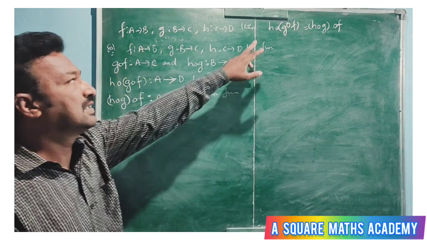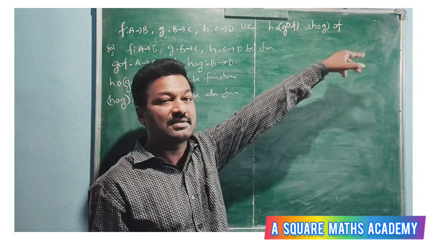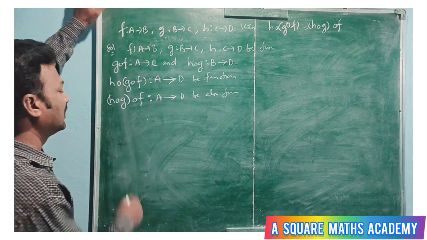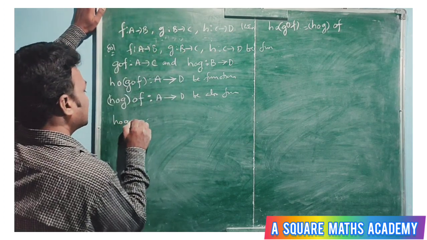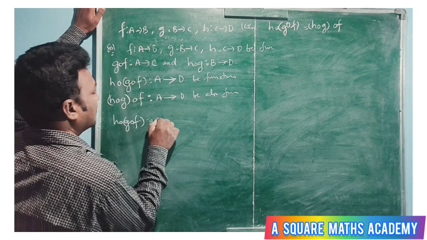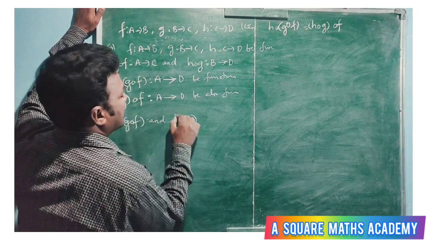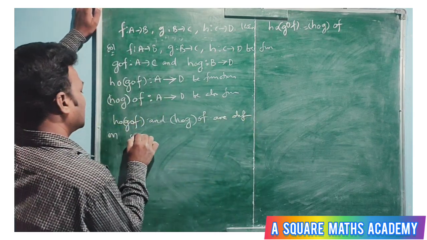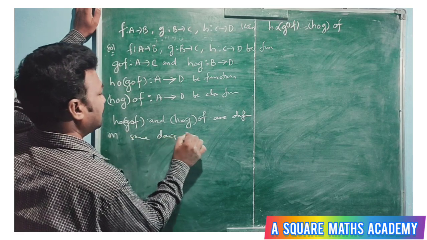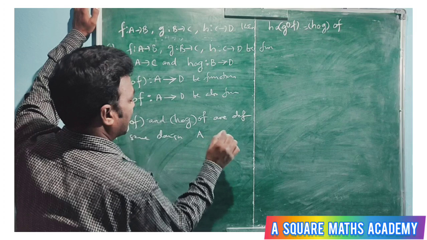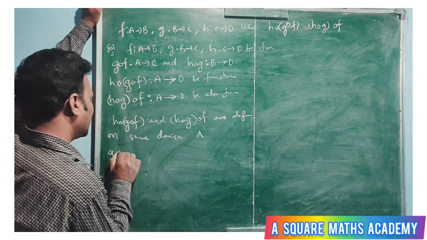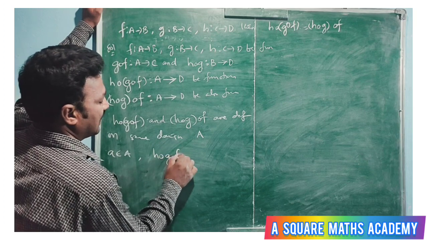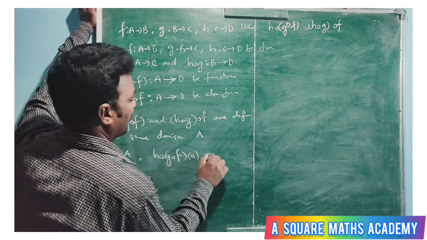So we prove here this one equals this one. So that's why they are defined on the same domain. So observe this one: domain A, codomain D. So that's why H circle G circle F and H circle G circle F are defined on the same domain A. So that's why what we take here, a belongs to A. H circle G circle F of a we take here.